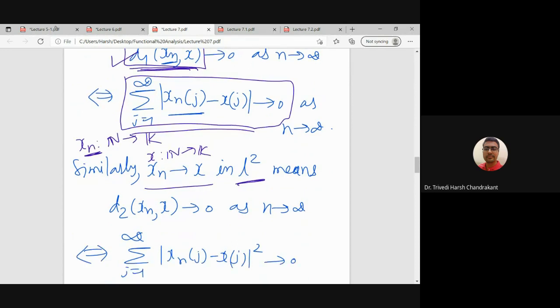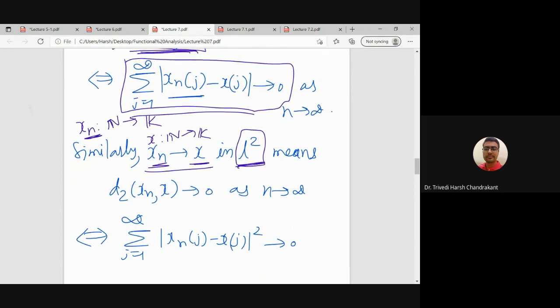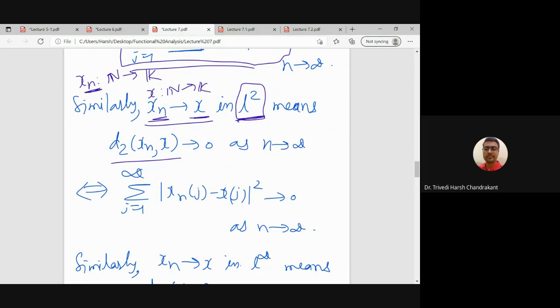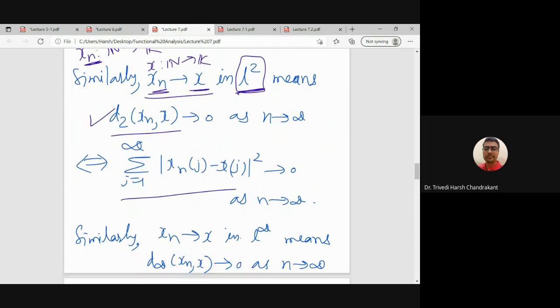Similarly, the sequence x_n in L2 converges to x in L2 if, with respect to the second metric, the distance converges to 0. Using the second metric definition, we get this condition.